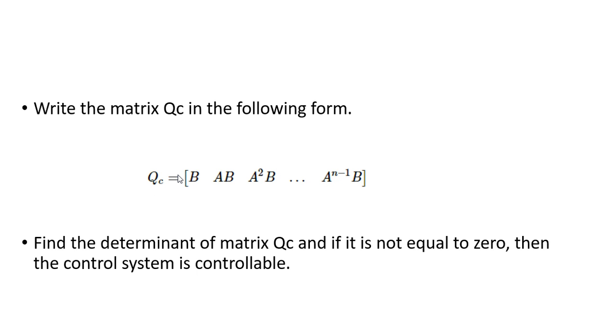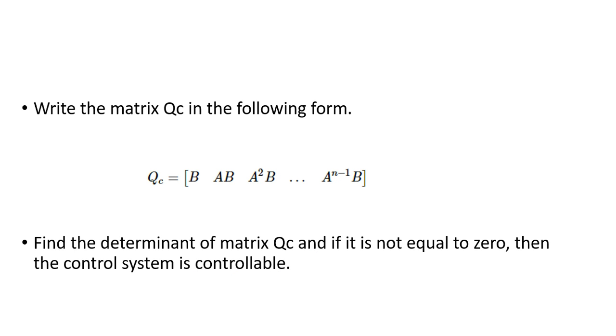After that we have to find the determinant of the matrix QC, and I will explain how to find the determinant. If QC is not equal to 0, meaning it is a non-zero value, then the control system is controllable. And if QC becomes equal to 0, then such a system is called a non-controllable system.